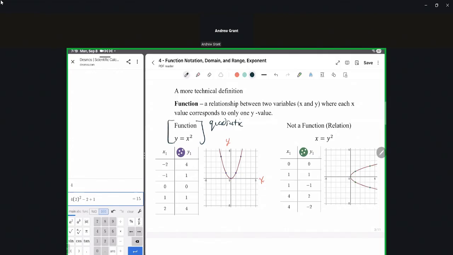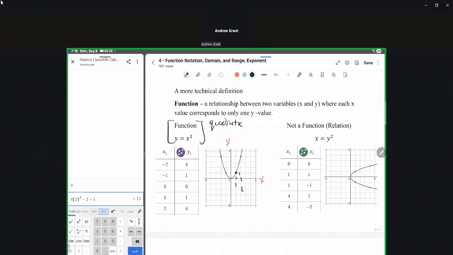However, on the right side, I have the relation, which is not a function. x is equal to y squared. So 0 goes to 0, 1 goes to 1, but 1 also goes to -1, 4 goes to 2, and 4 goes to -2. So the problem with this is that when I look at the value x equals 1, we can see it only goes to one answer, say 1.